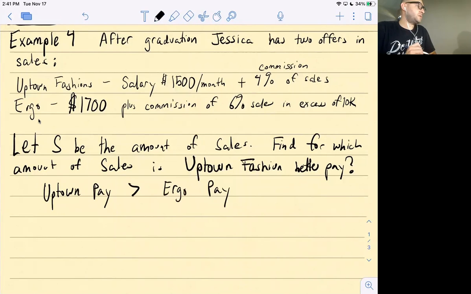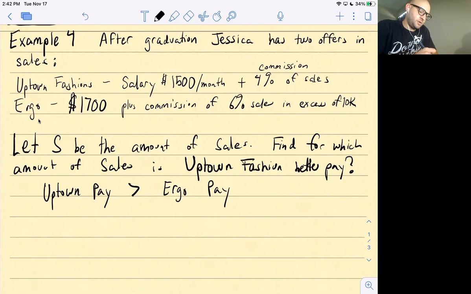Okay, what's an expression that we can write down that would represent the amount that Uptown pays in a month, assuming that you have S sales? You might have to use some stuff we did with percents and decimals a little while ago. Awesome, Lily, nice.